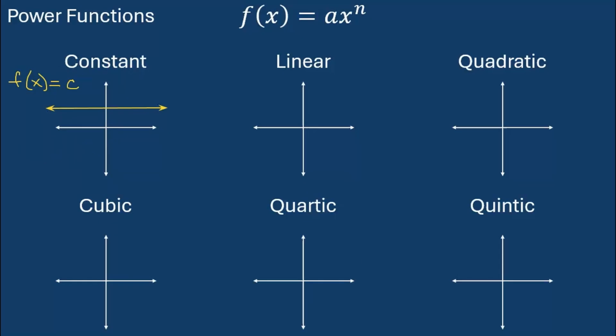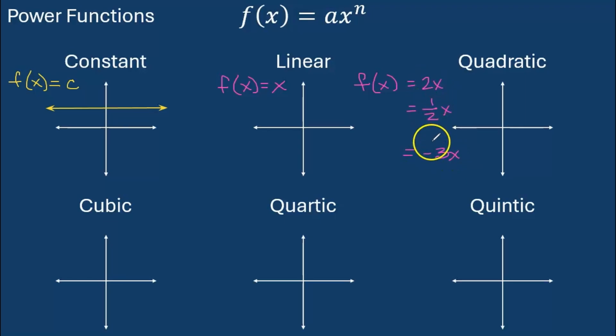The second type of function we're going to talk about is linear. A linear function has x to the first power. So we can look at a linear function as simply being f of x equals x. Now an example of a linear function might be 2x or 1/2 x or even negative 3x.